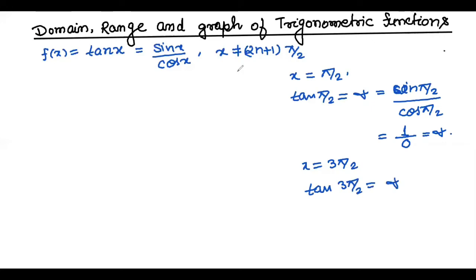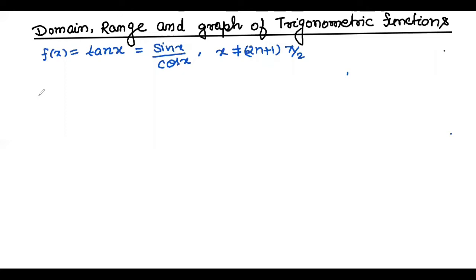So for the function tan x, x ≠ (2n+1)π/2. So the domain for tan x is all real numbers except (2n+1)π/2.